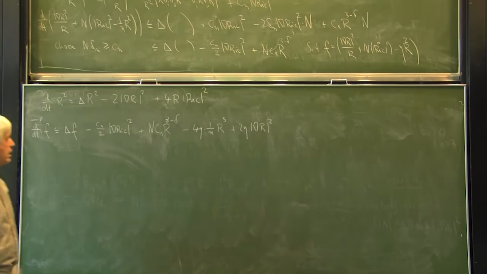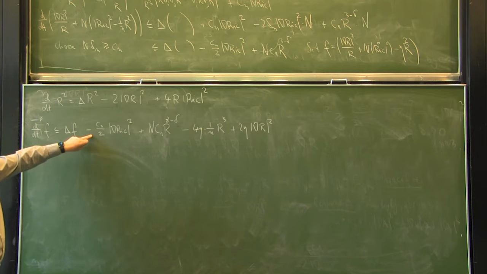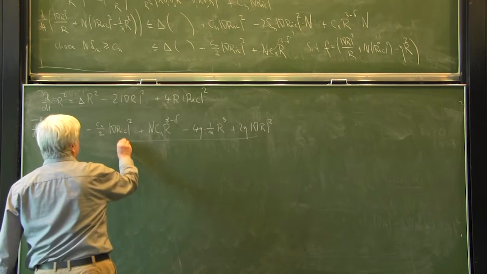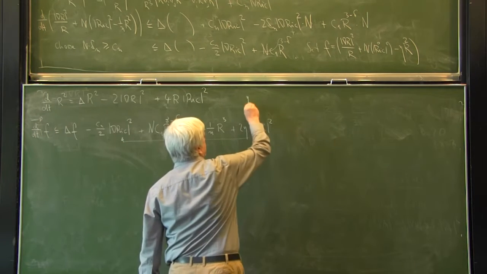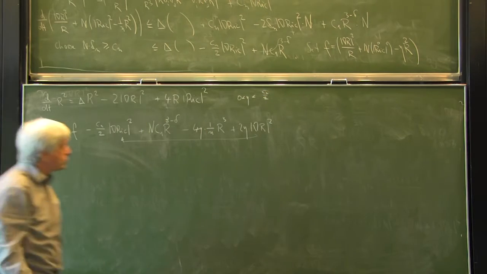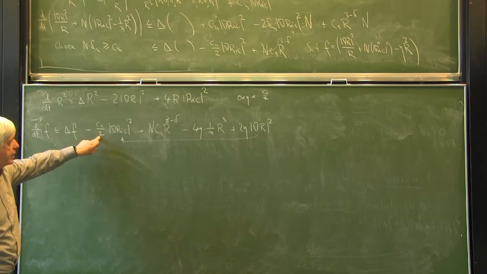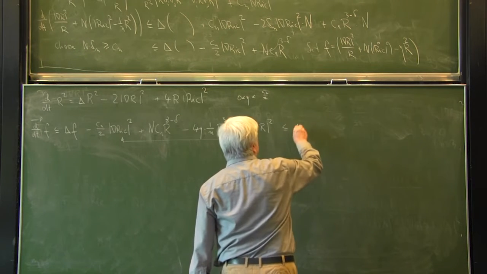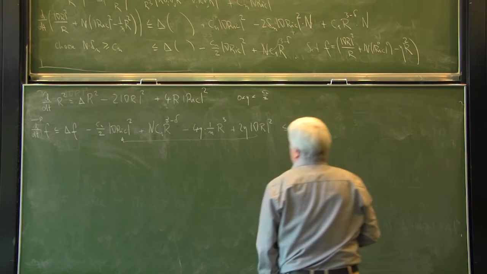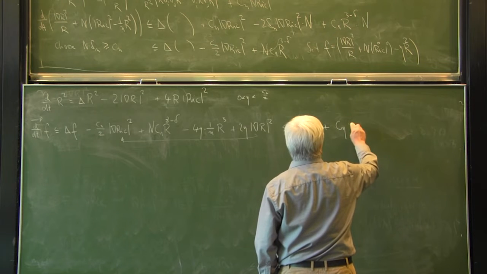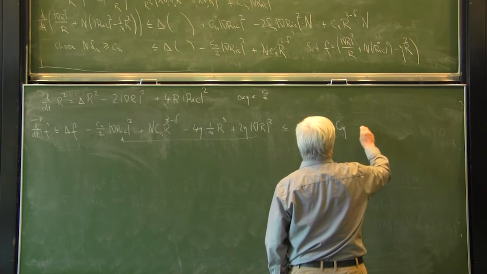Yes. Now I can choose eta smaller than Cn over 2, so I can absorb this one here, which is eta Cn over 2. You can absorb this in here, and then this in there with Young's identity, so I get that this is less than Laplacian of f plus some c of eta, full stop.